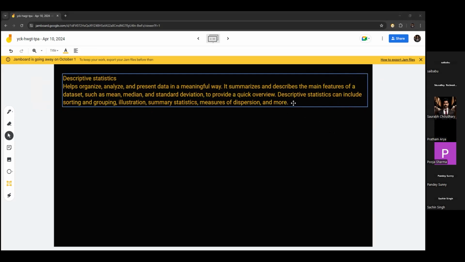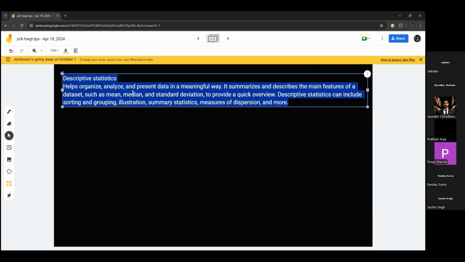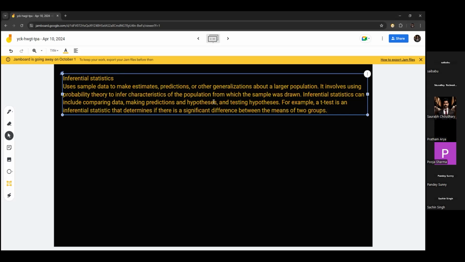And what about the inferential? What is it? Inferential stats use sample data to make estimates.